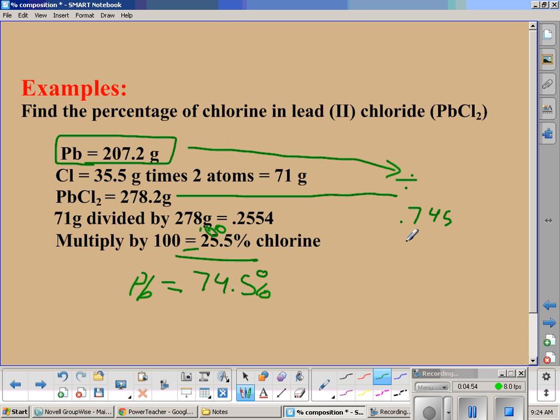And when you multiply by 100, it's just the same as moving your decimal over 2 places, which will give you about 74.5%. So you can do this either way. Now, if you have more than two elements in a compound, you're going to have to go through this process for each one of them.